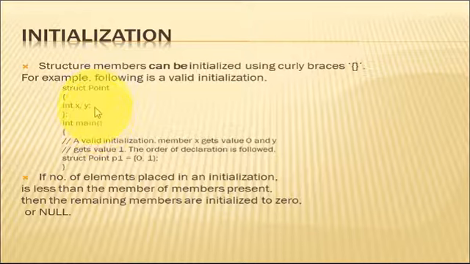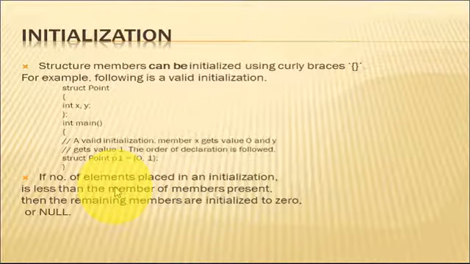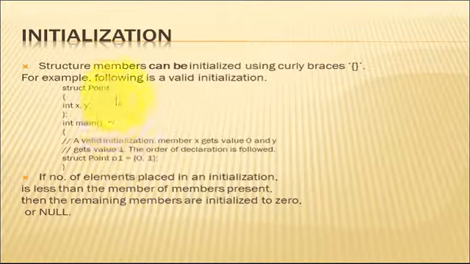We can't do it in the declaration because during structure declaration the memory is not allocated; during structure variable declaration the memory is allocated. One more point: if you initialize fewer values compared to the number of data members, the remaining values will be assigned 0 or null.